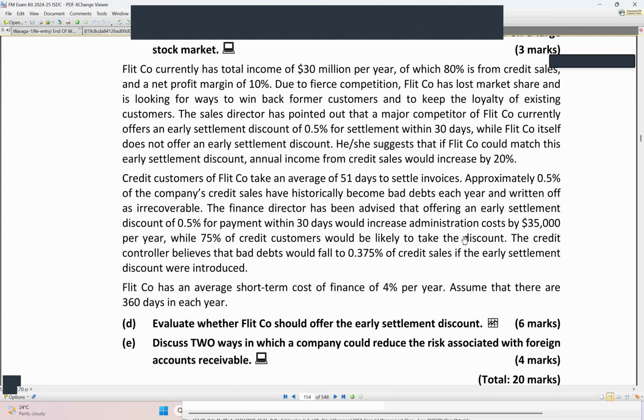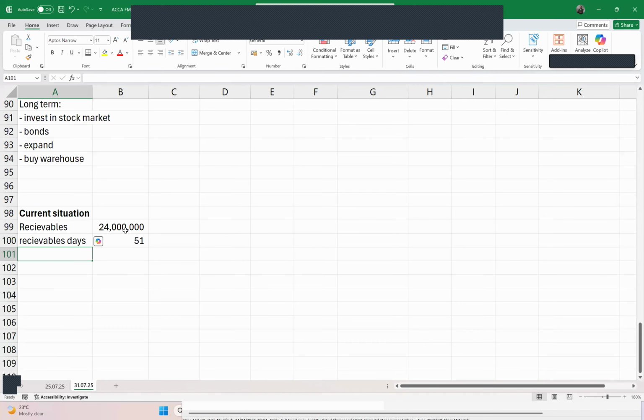Yes, increase admission costs. I saw something about increasing credit sales. Yes, they say that if we match this, the income from the credit sales would increase by 20%. Okay, so right now the income is 24 million.